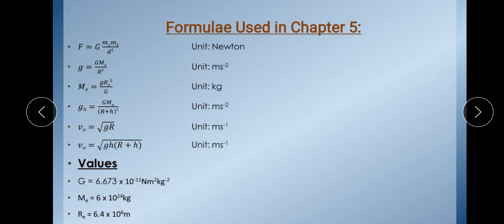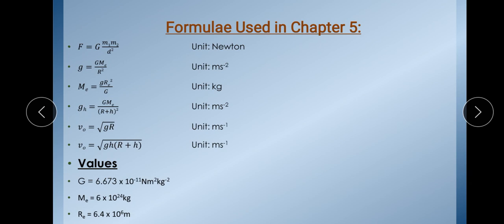You can see in the next slide that the first formula which we will use is F is equal to G m1 m2 by d square. Then for the value of g is equal to G Me over r square, and for the mass of earth we will use small g capital R square over capital G. For the value of gravitational acceleration at height we will use capital G capital M over (r plus h) whole square.